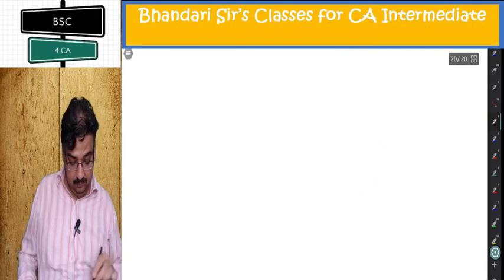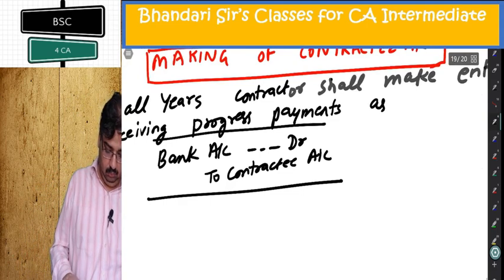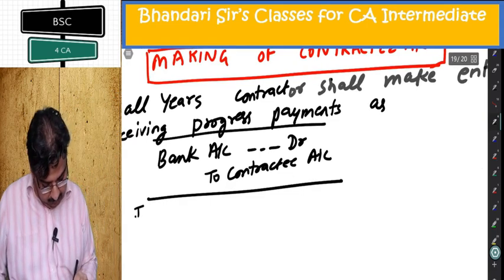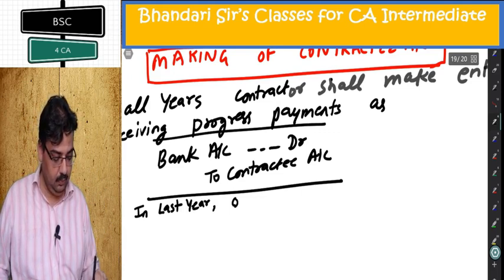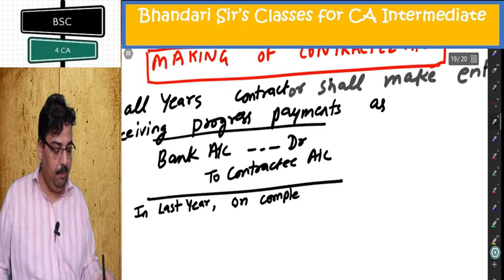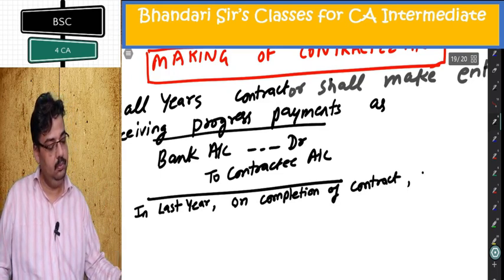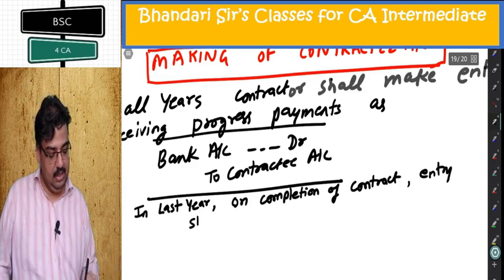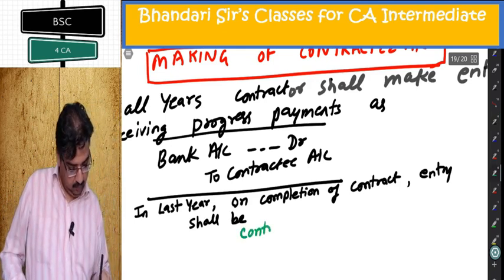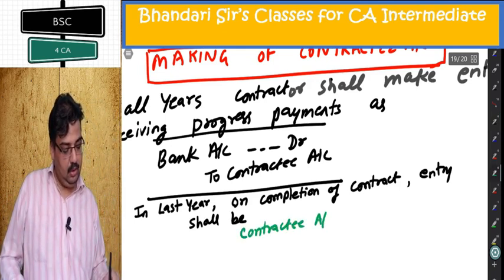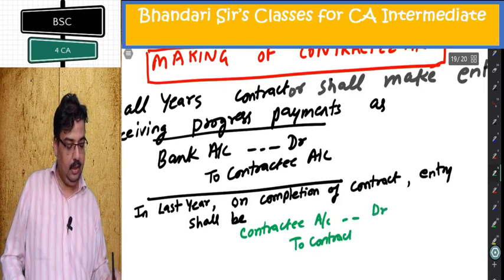In the last year, on completion of the contract, the entry shall be contractee account debited to contract account.